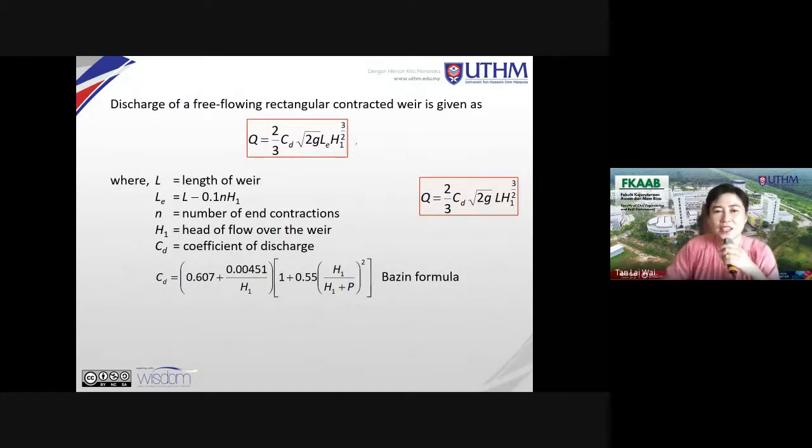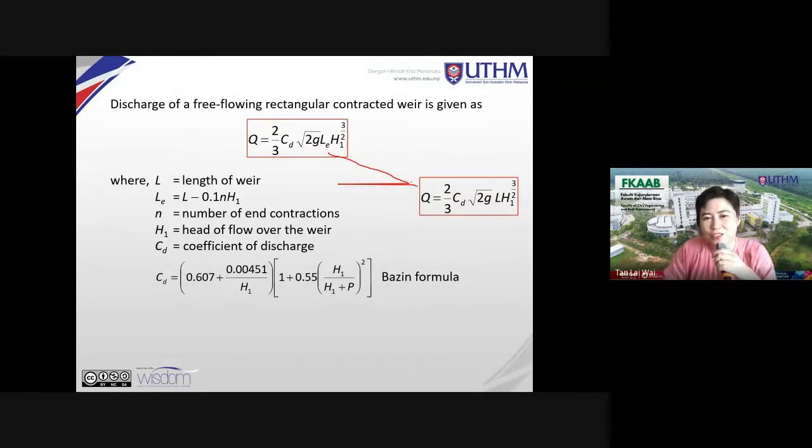This formula is exactly the same as your rectangular weir, except, well, it doesn't matter. You can use LE also for a rectangular weir, because LE is L minus 0.1 n times HE.